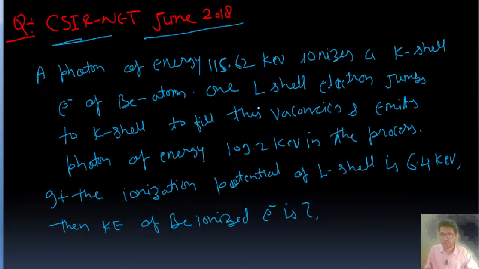Okay, so an L shell electron jumps to the K shell to fill the vacancy and emits a photon of energy 109.2 kilo electron volt. Okay, this energy is emitted in the process.